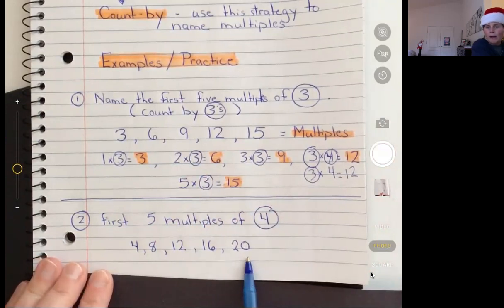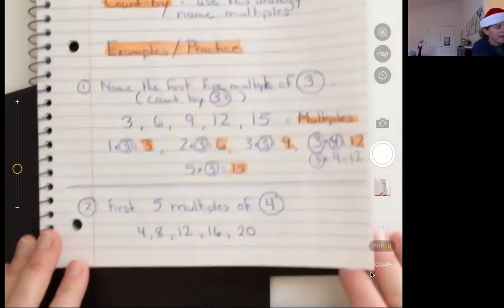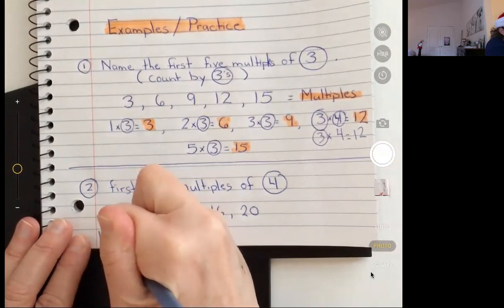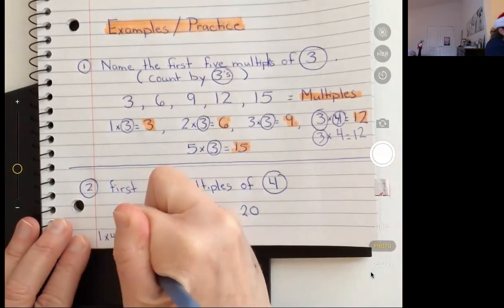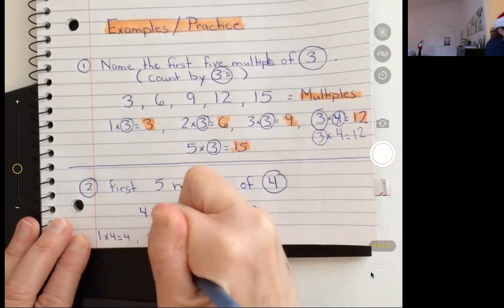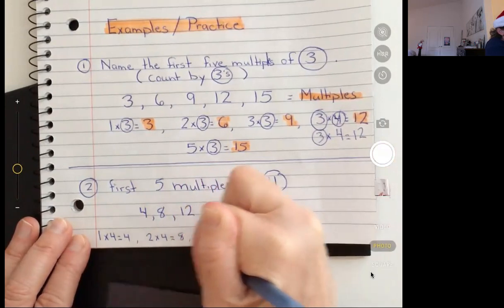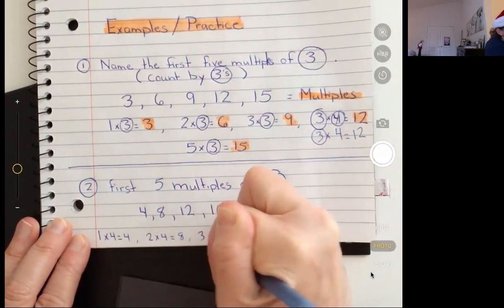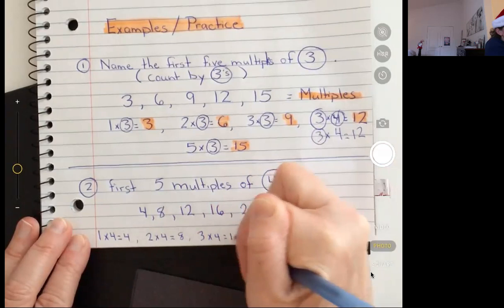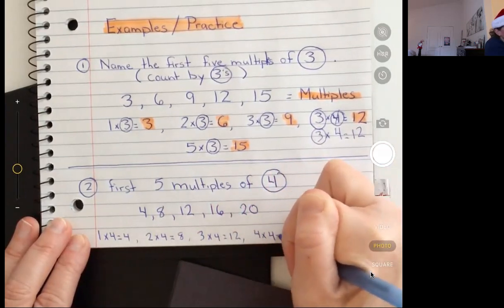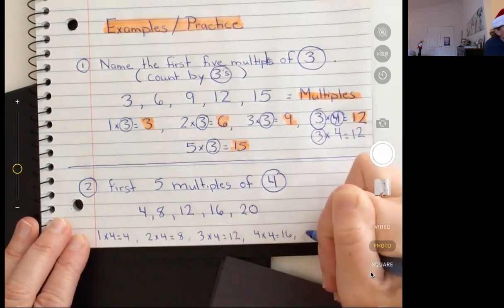Those are my products. And what I'm really thinking is 1 times 4 equals 4. 2 times 4 equals 8. 3 times 4 equals 12. 4 times 4 equals 16.